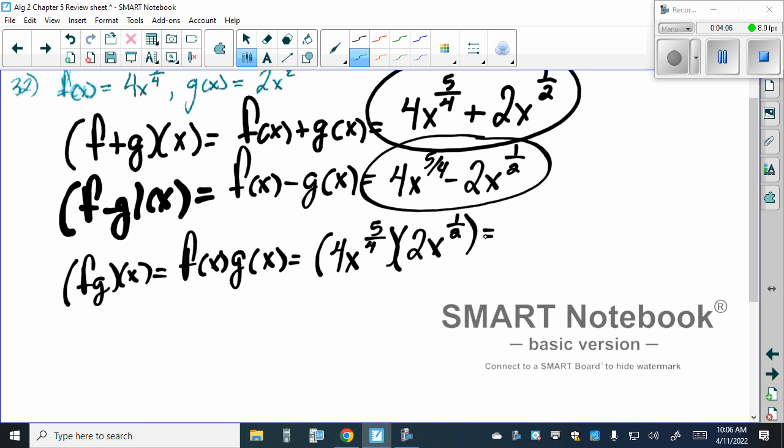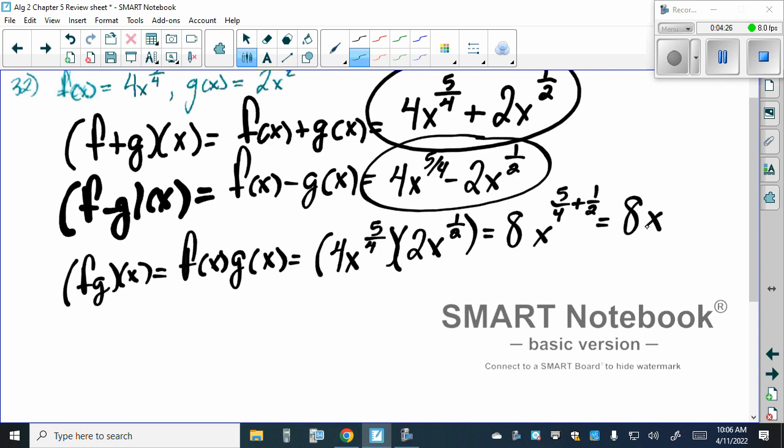Now we multiply these two functions. We can multiply the 4 and 2. 4 times 2 is 8. Now when we multiply like bases, because x and x are the same, we add the exponents. So we're going to be taking 5/4 plus 1/2.